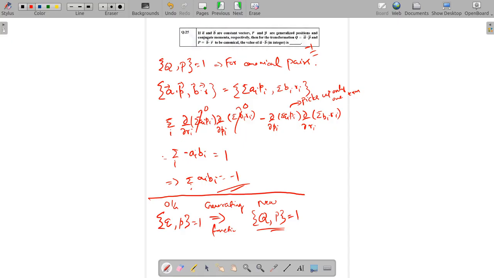So we put the Poisson bracket of Q and P equal to 1, and then substitute for Q and P. Q is basically A dot p and P equals B dot r.